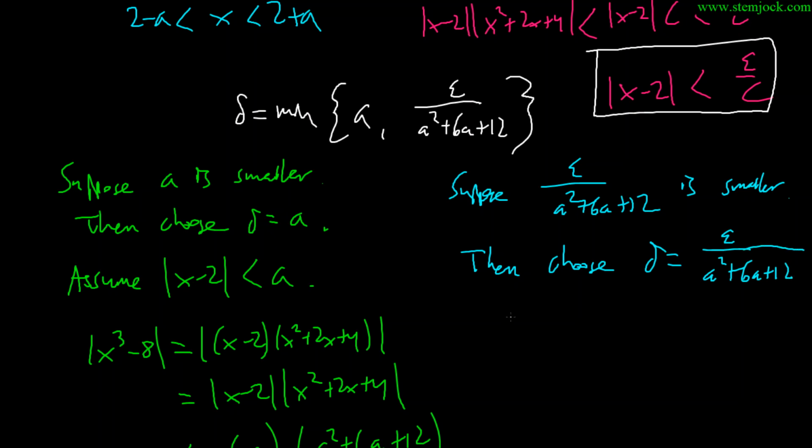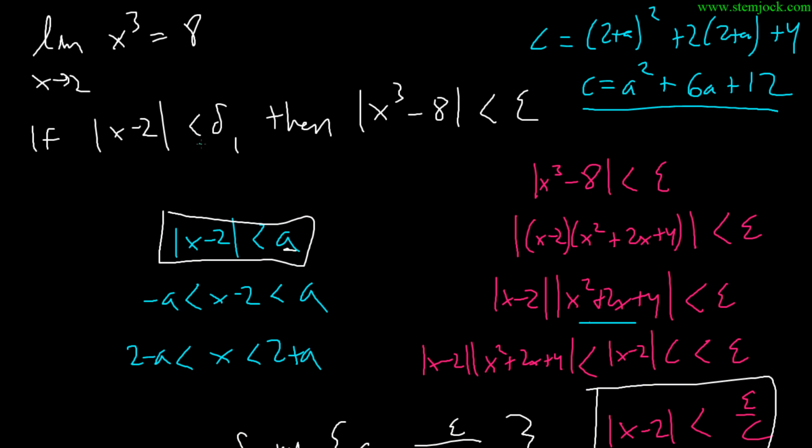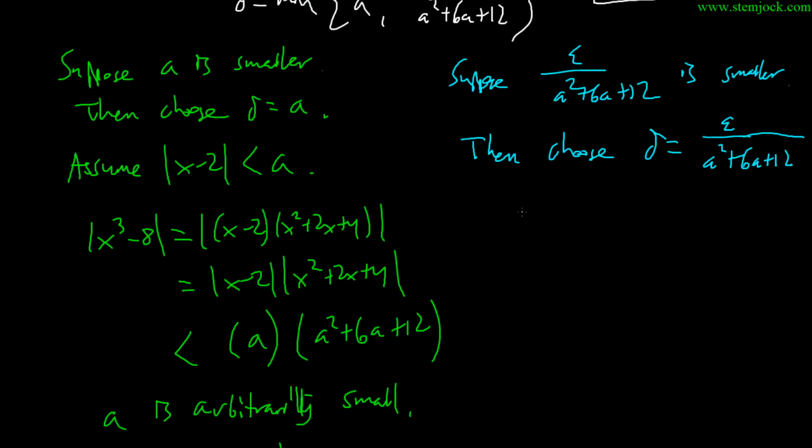And now I assume the antecedent is true. So assume the absolute value of x minus 2 is less than delta, which I said is equal to epsilon over a squared plus 6a plus 12.